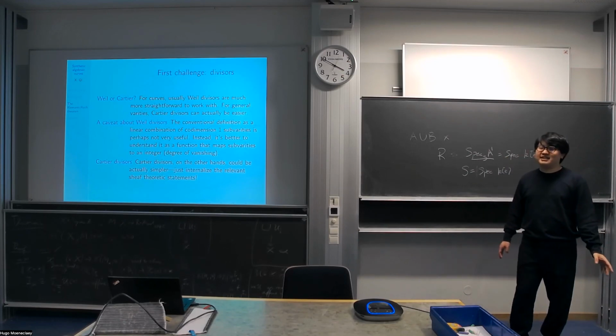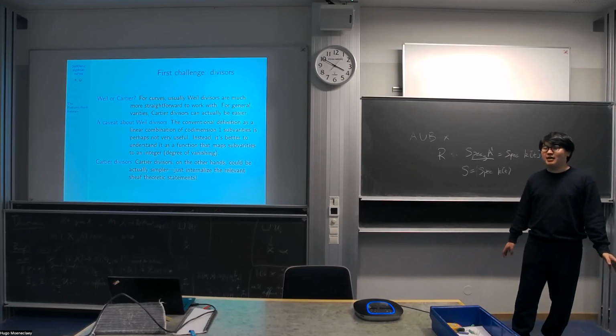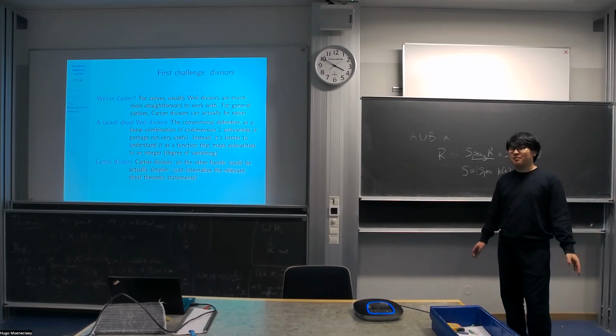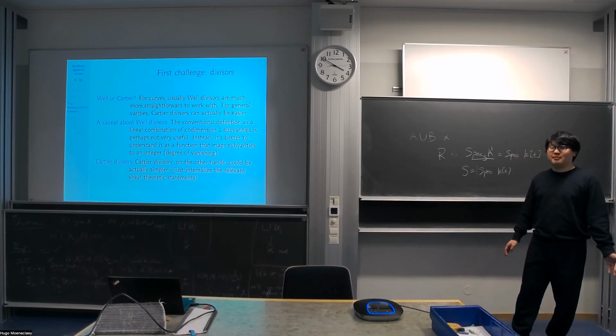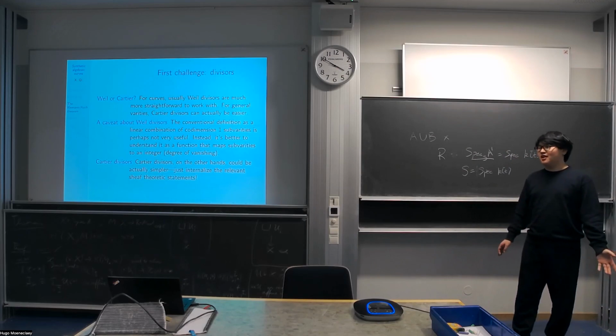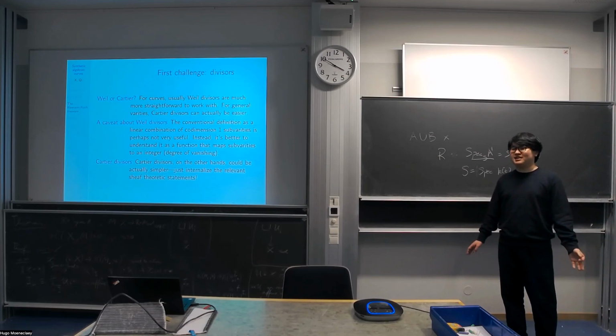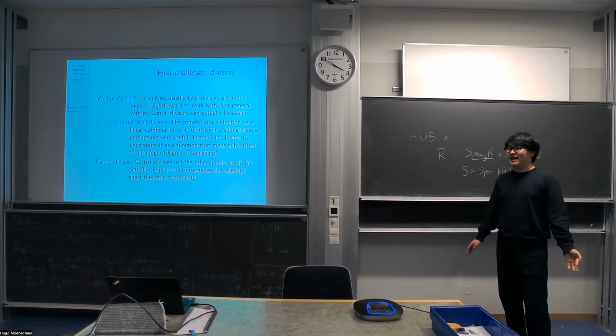And this actually makes a lot of sense if you think about the complex analytic case, because it just tells you how many poles a function has.